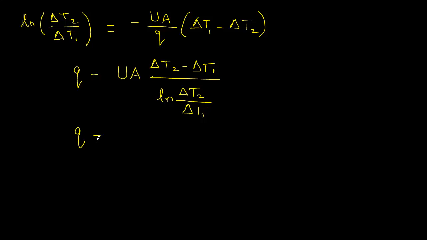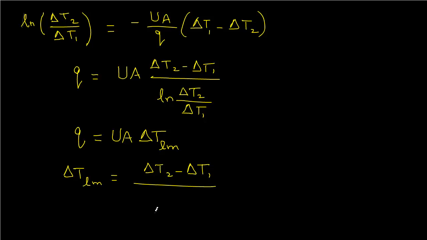So Q equals UA delta T LM, where delta T LM is defined as delta T2 minus delta T1 divided by natural log of delta T2 over delta T1.